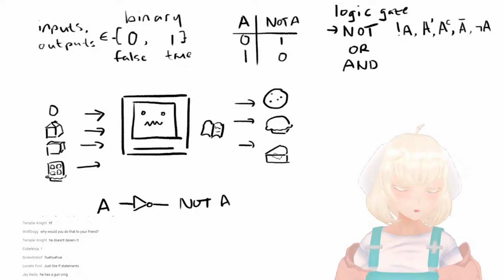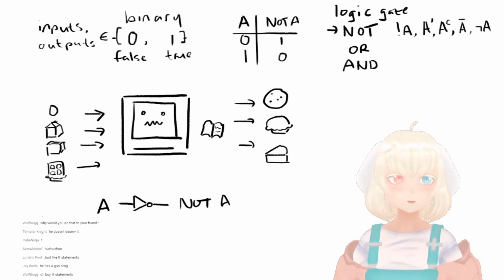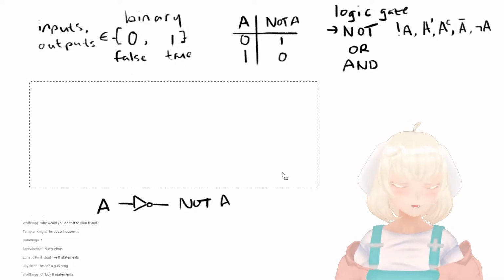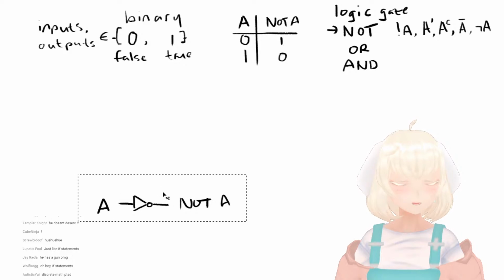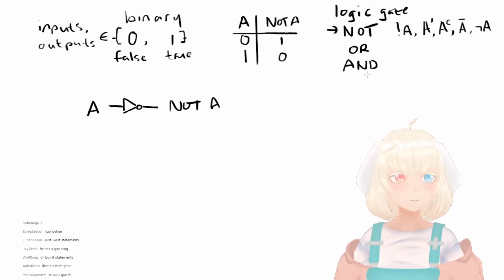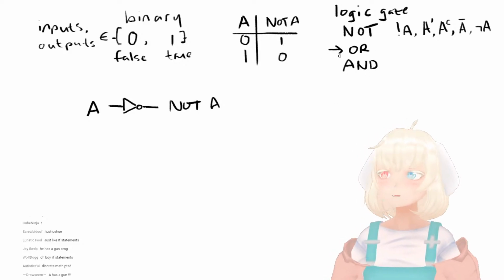Okay, so let's say bye to Mr. Computer for a bit as we move on to the next logic gate here. The next one is actually OR, right? And you'll notice that all of these are very basic English words.